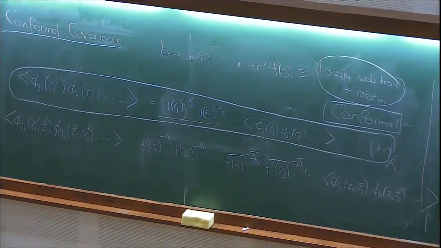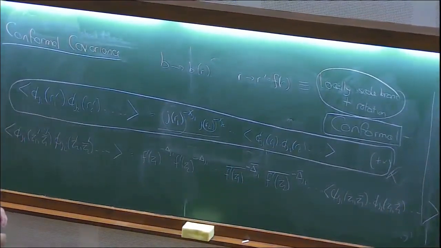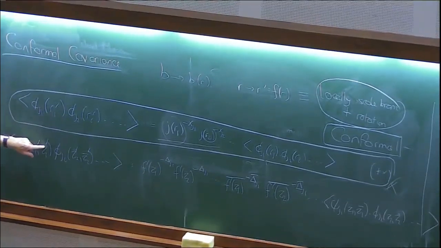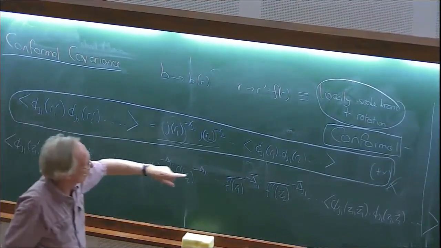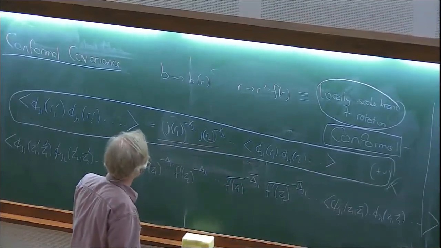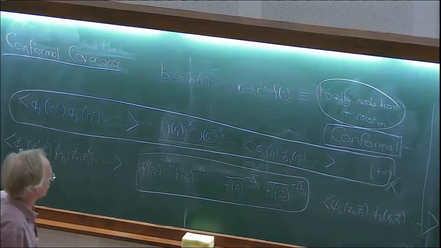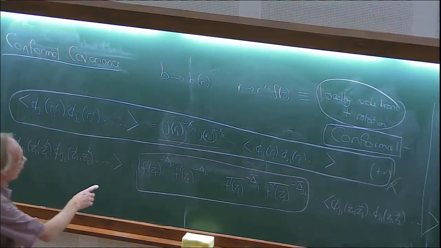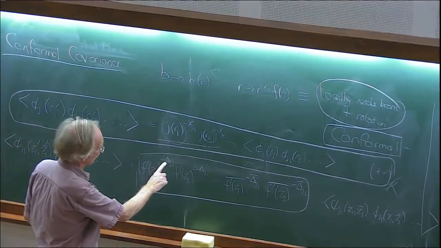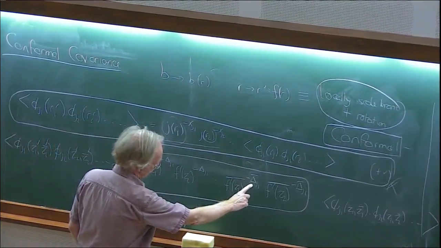Okay, so I've rewritten this equation here using complex coordinates. So instead of R1 prime, I've got z1 prime, z1 bar prime, and instead of R, I've got z1 bar. But these Jacobians here, I've introduced these numbers, which are delta and delta bar.